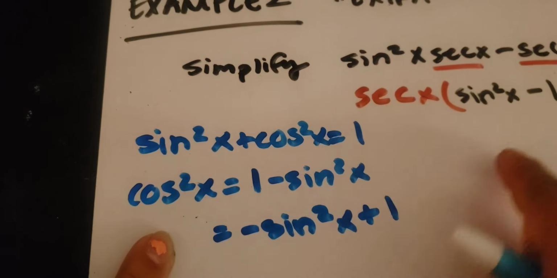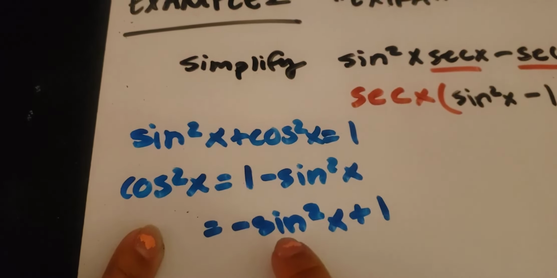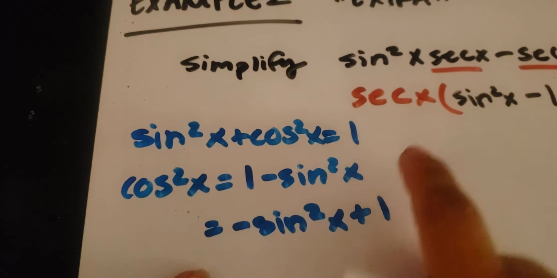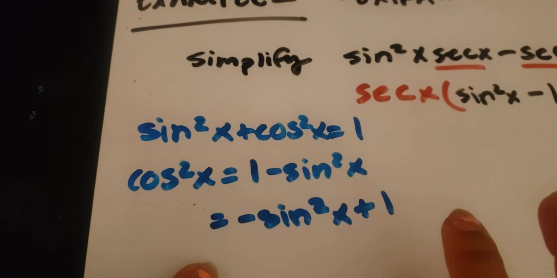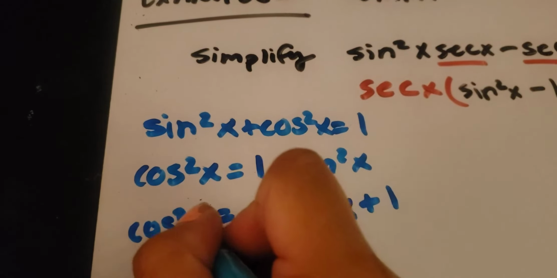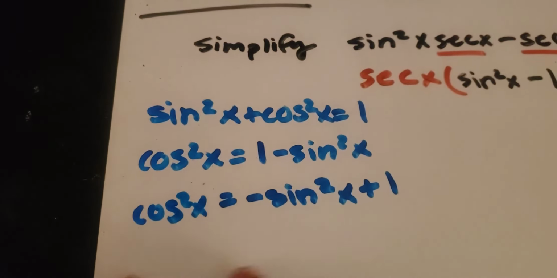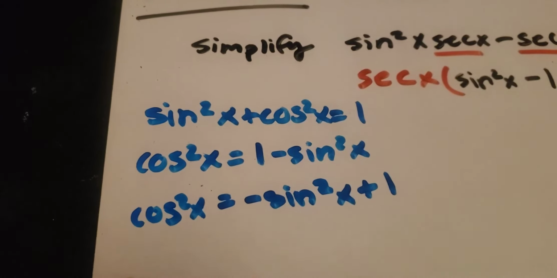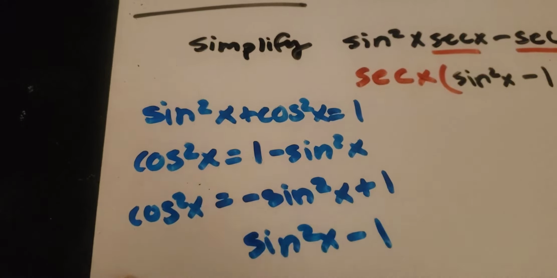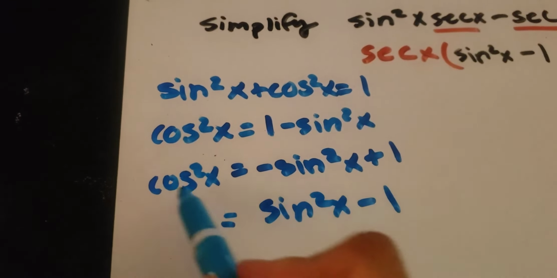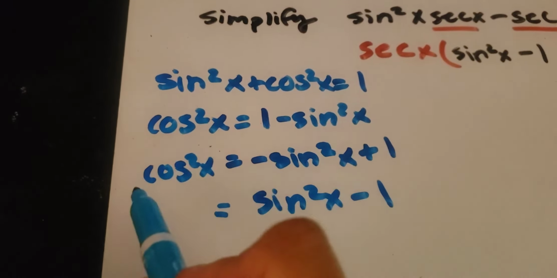But this is giving me the opposite. Notice that sine is negative and the 1 is negative. The way that I could do that is if I factor out a negative. Then I'm left with sine squared of x minus 1. But what that means is the negative goes here. It's kind of like dividing by a negative.